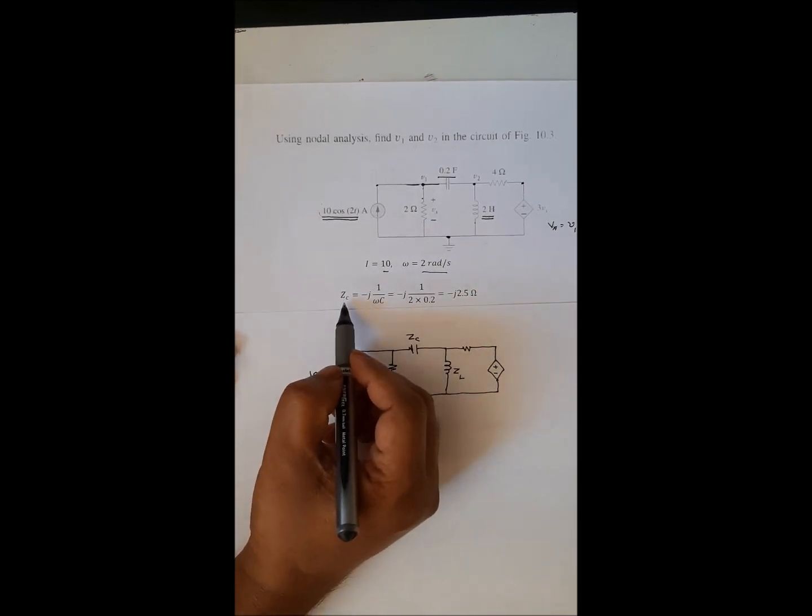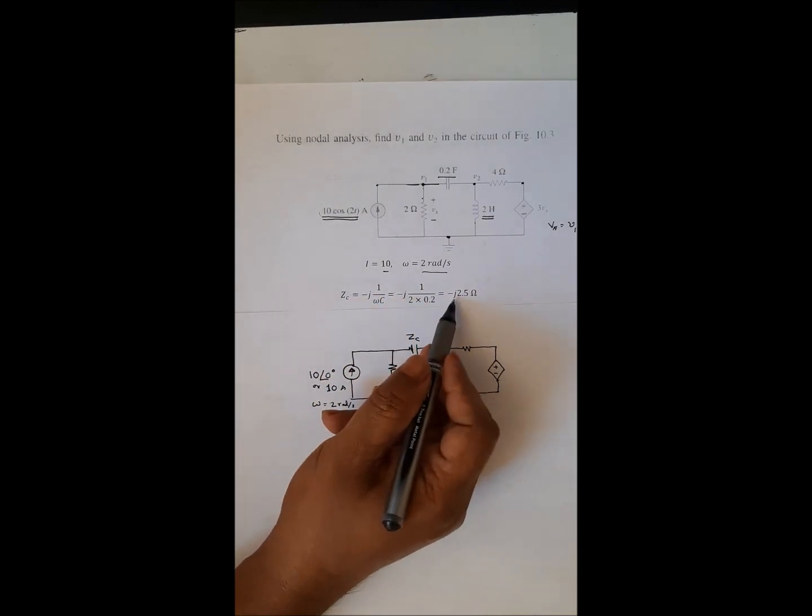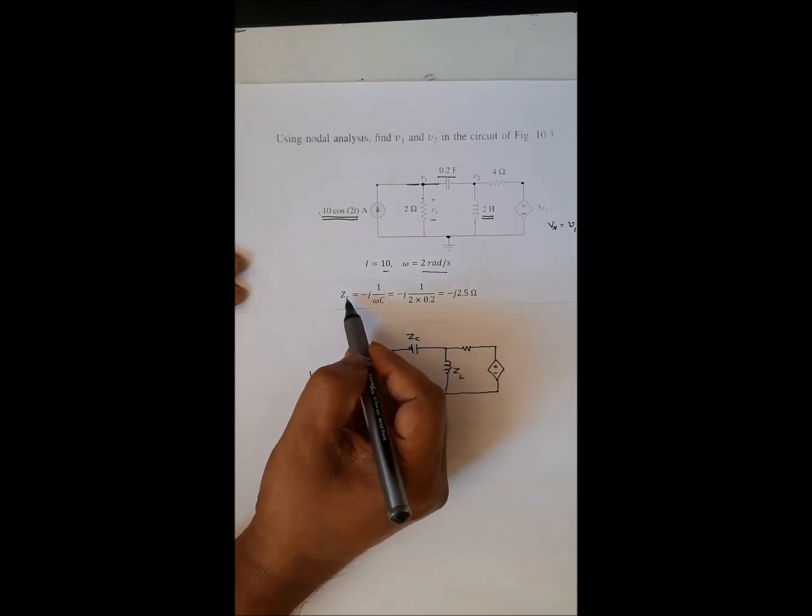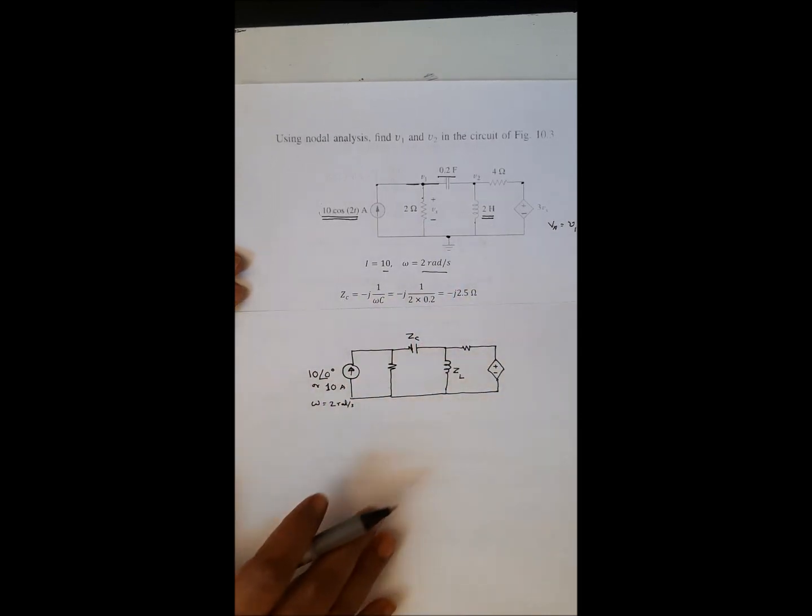So obviously the impedance of a capacitor will be a negative imaginary value of 2.5. The impedance of a capacitor is always negative.